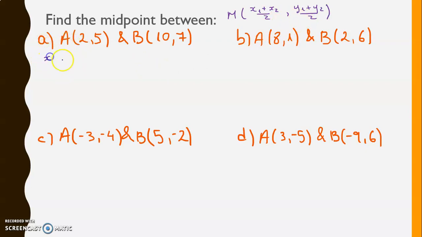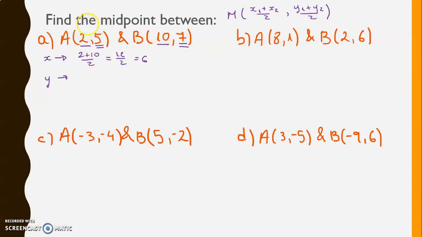To find the x coordinate of the midpoint, we work out the average of the x coordinates of A and B. So 2 plus 10 divided by 2, which is 12 over 2, and that is 6. And to find the y coordinate, we work out the mean between the y coordinates.